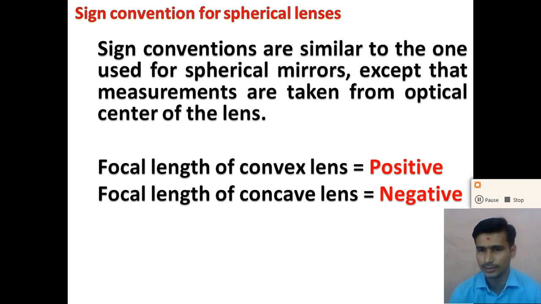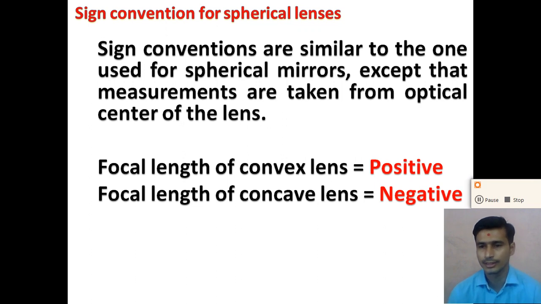Now according to the sign convention, consider the focal length of the convex lens and the focal length of the concave lens. Dear student, remember that the focal length of the convex lens is always positive and the focal length of the concave lens is always negative, right? While calculating examples of the lens formula, we need to remember the sign convention, right?